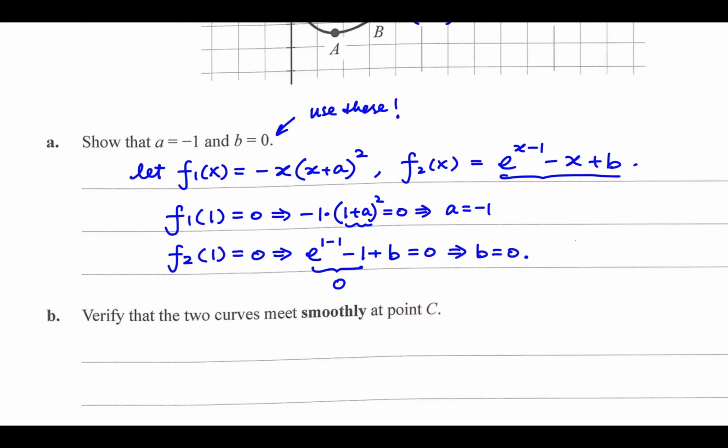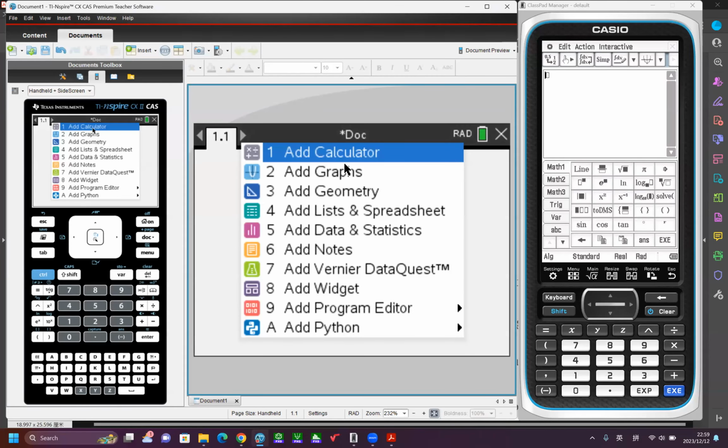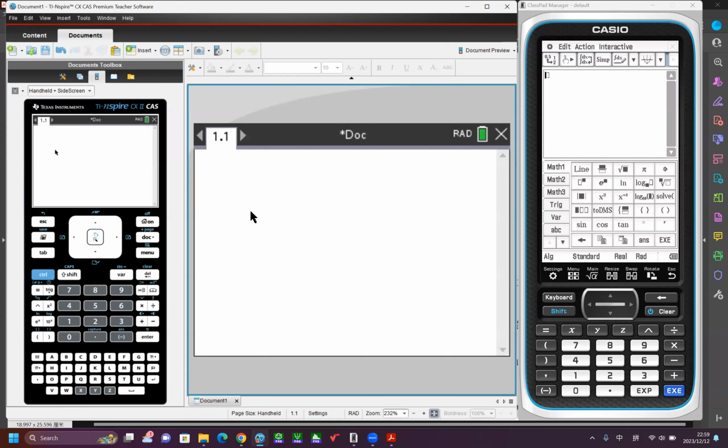Before we proceed, we should actually use these two values. So I will be using my CAS calculator to do the demonstrations. Okay, here is my first problem. Define f1 of x is equal to -x times x minus 1 squared.